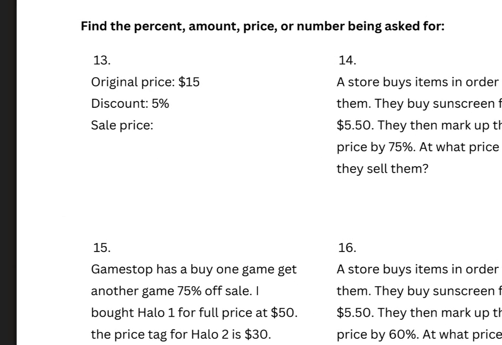The original price of something is $15. There's a 5% discount. What's the sale price? So you have several approaches here. You could find 10% of 15 and then divide by 2. That's one approach.